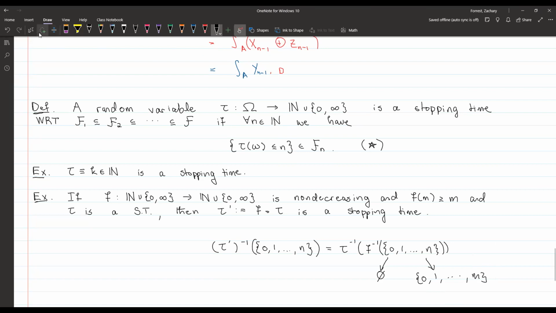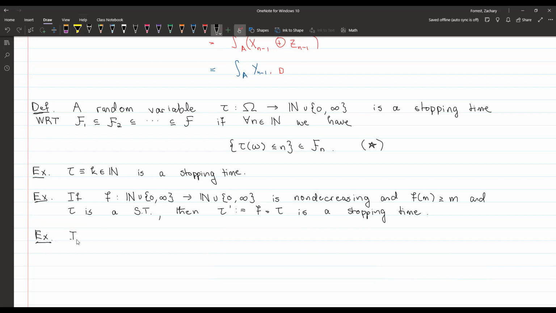Those are two basic properties. There's actually also another really nice one that I want to mention as well. This is another very easy one, so I'll leave this to you guys to think about. So, example: if tau is a stopping time, then, actually, let's work with two stopping times here.